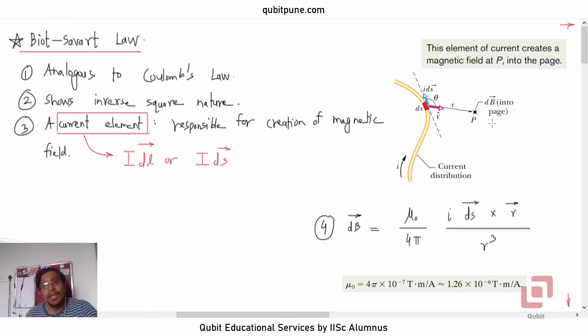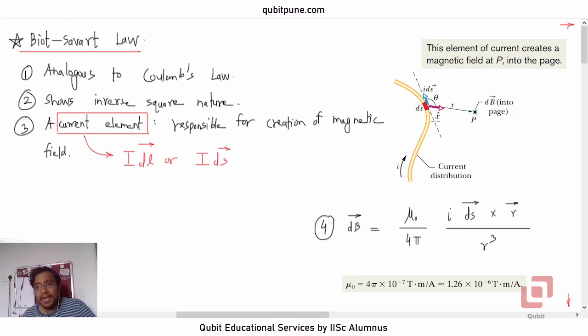Then I will join this current element with our location. This vector originates here and terminates here; that vector is our r bar. This vector from ds to P is our vector r bar, and the pink vector you see here is the unit vector in that direction. If the distance is r, then I will need the unit vector, r cap.